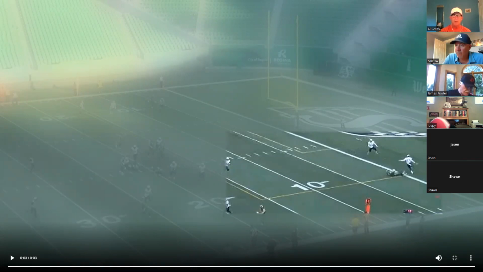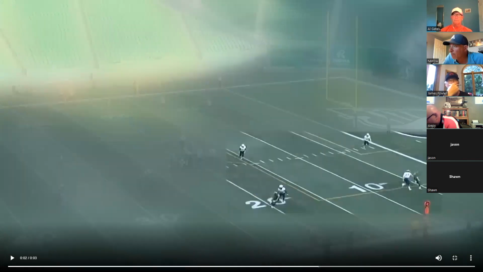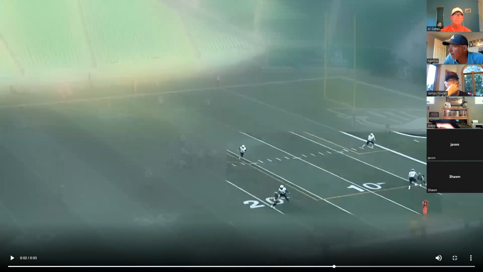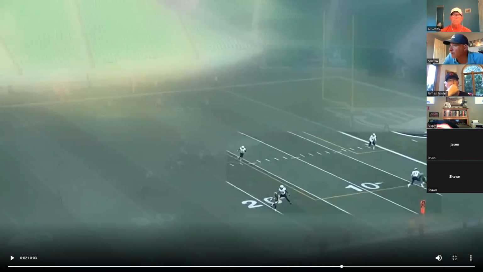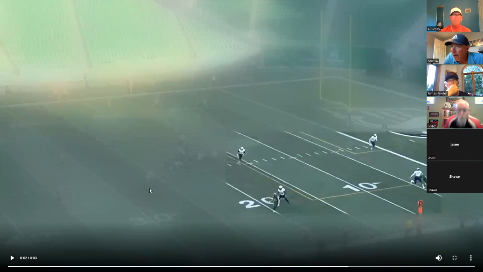Has the ball been thrown yet? No, and that's the tough thing. When I back the clip up, right here's where the receiver goes down. I don't know if you can see it, but the quarterback's still scrambling here. He still has the ball in his hand.